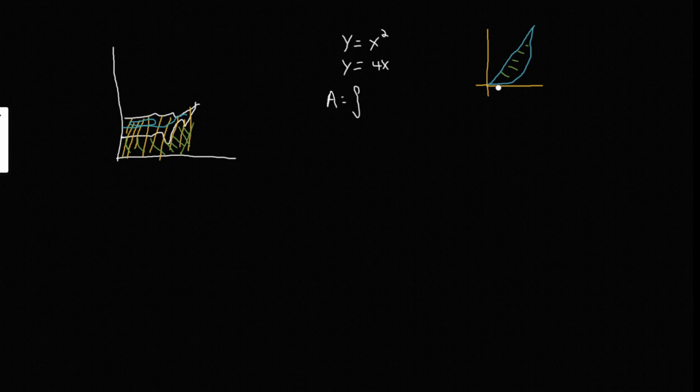So we want to figure out where these two points meet. They meet at the y values, right? We want to see when these y values are the same. So that's x squared is equal to 4x.